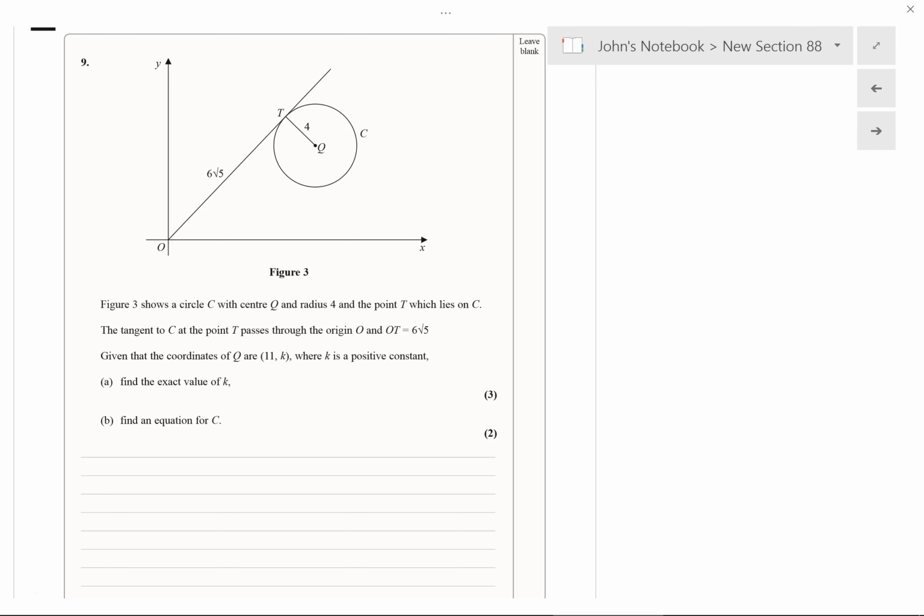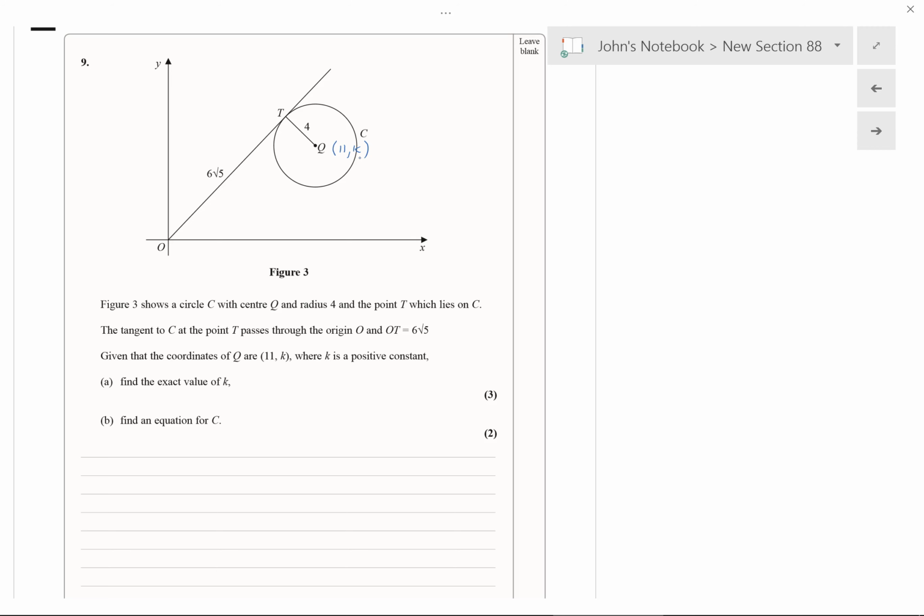It's got radius 4, and it's telling us that OT, this length here, is 6√5, given that the coordinate Q is (11, k), where k is a constant, find the exact value of k.